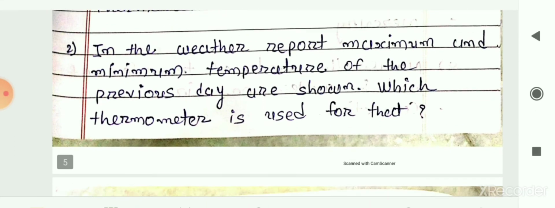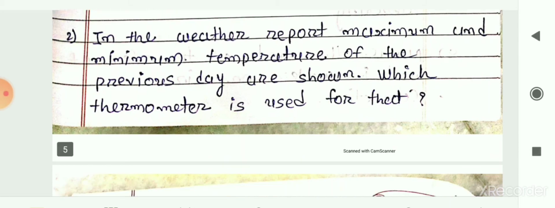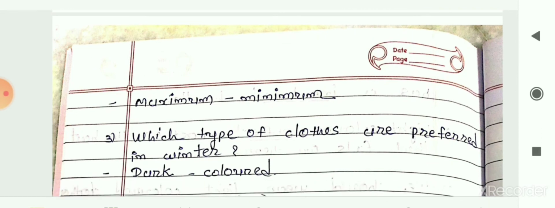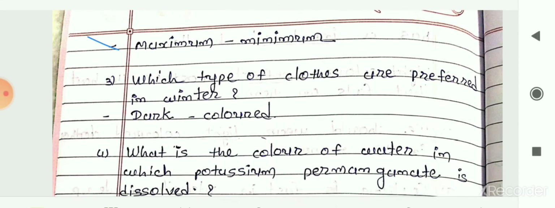Next question is, in the weather report, maximum and minimum temperature of the previous day are shown. Which thermometer is used for that? We had seen that the maximum and minimum thermometer is used to measure the maximum and minimum temperature of the day. So here your answer is maximum and minimum.